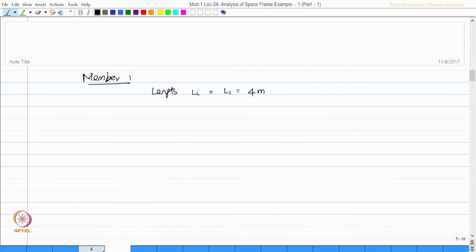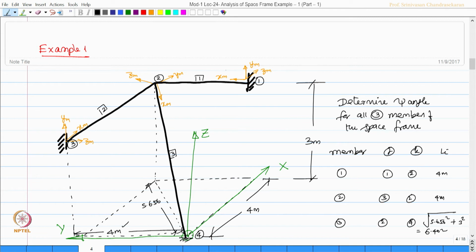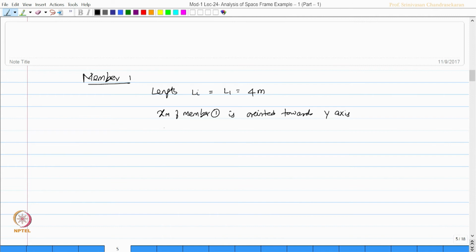This is member 1 whose length is 4 meters. Now, xm of member 1 is oriented towards y axis, is it not? See here, xm is oriented towards y axis, therefore, we should use z y x transformation.